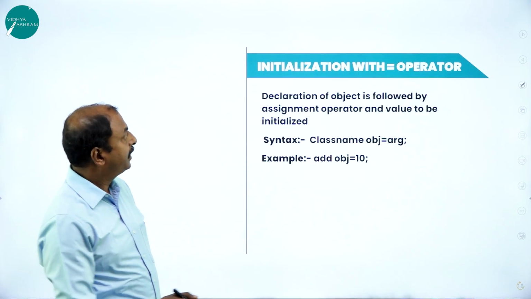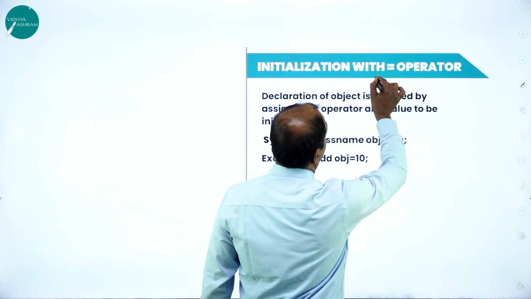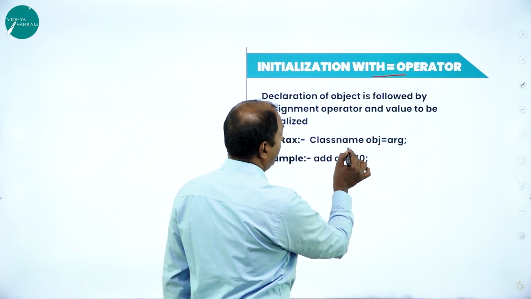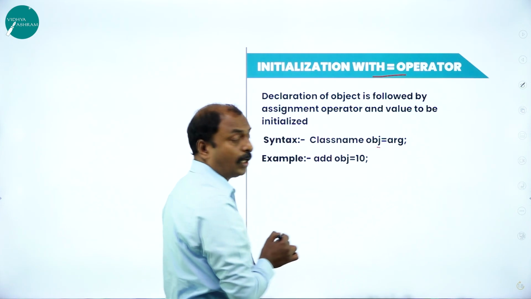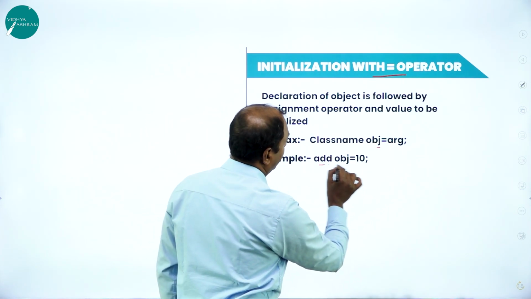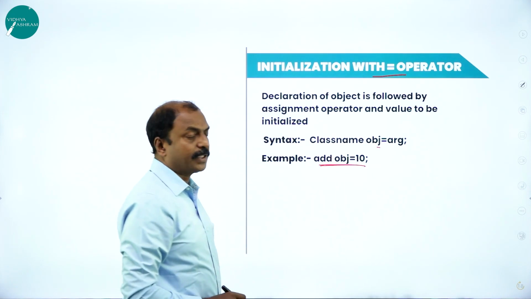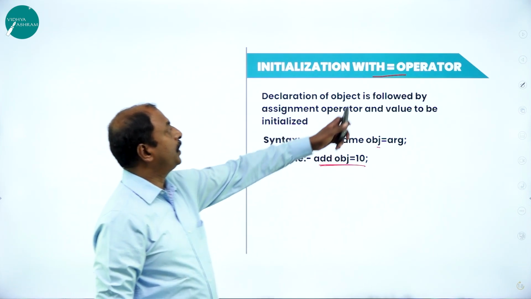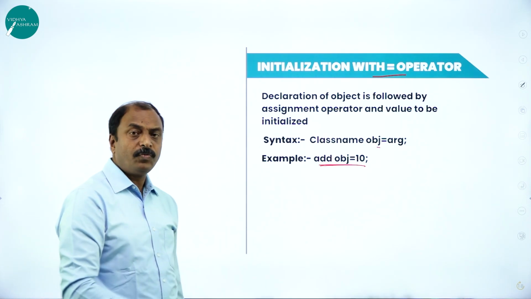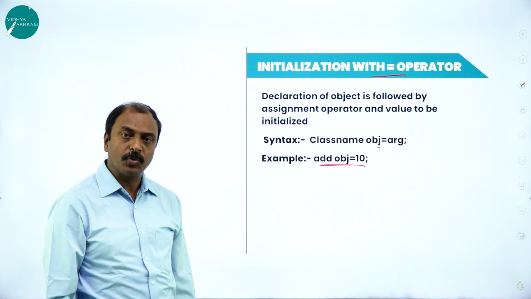In the next slide, let us see how to initialize with the equals operator. The syntax is class name, space, obj equals argument. Example, add obj equals 10. So this is another method of invoking a constructor, by using the equals operator. These are the different methods of invoking constructors in a program.